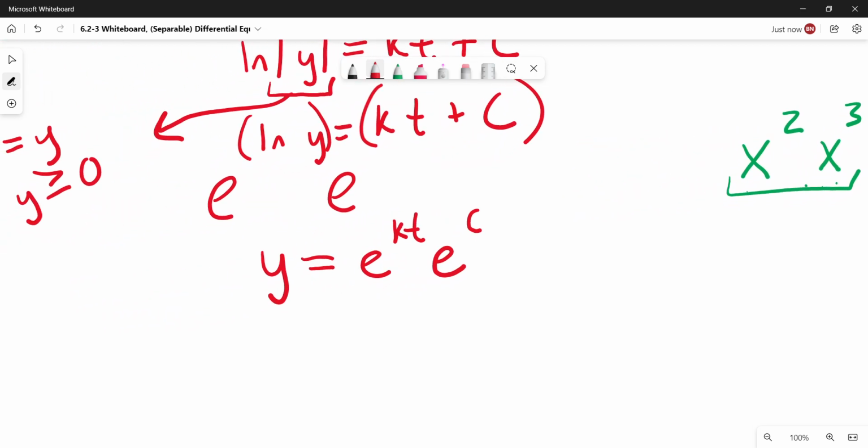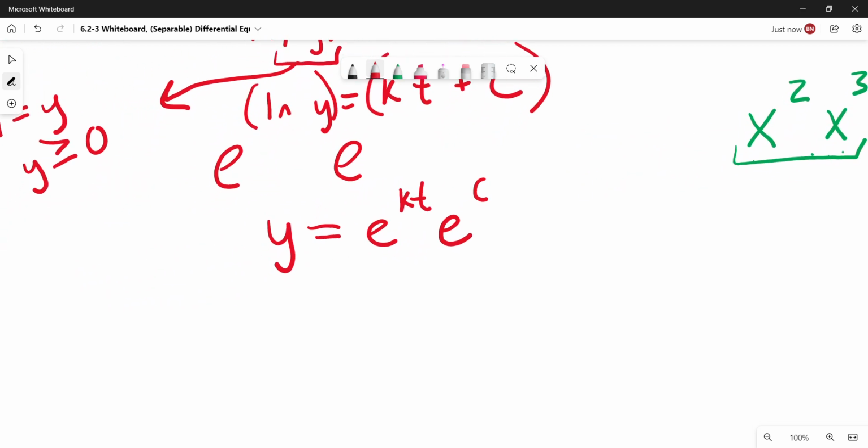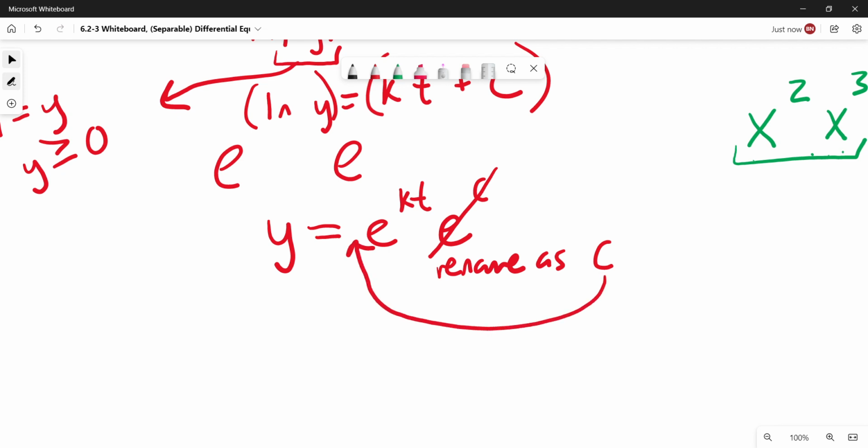Now again, we're going to do that little thing where, since our c is unknown, if we need to modify our unknown to be a different unknown, we just keep calling it c. If c is an unknown, we're going to call e to the c unknown, so we're going to rename it as c, and we're going to put that c in the front.